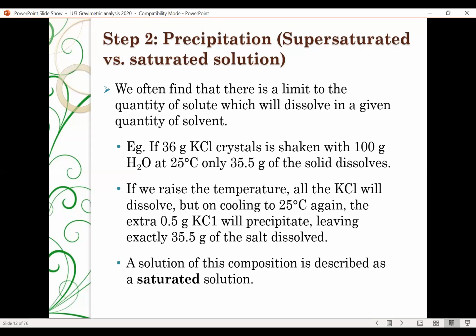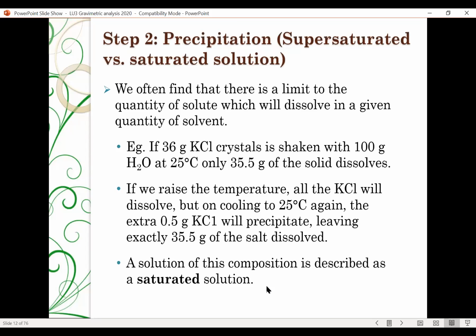However, when we start cooling it to room temperature again, the extra 0.5 gram KCl will precipitate, leaving exactly only 35.5 gram of the salt dissolved in water. So if we find this situation, the solution is called having a saturated condition.